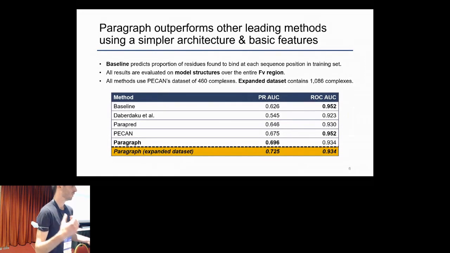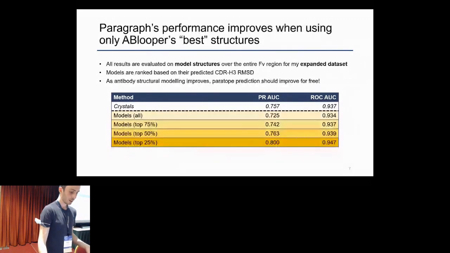Very good point. What we class as binding is a simple distance cutoff: any heavy atom of the antibody which is within 4.5 angstroms of a heavy atom of the antigen. So if the CDR-H3 folds in, it's still just going to be those that are in contact. In terms of the correlation with H3 length, unsurprisingly, model confidence is better for shorter CDR-H3s.